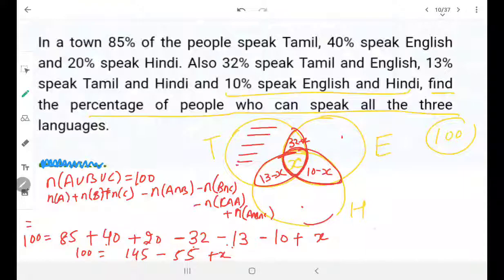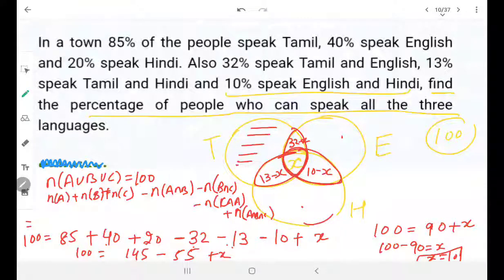So 100 is equivalent to 90 plus x. So 100 minus 90 is equivalent to x, so x is 10. So 10% of the total population speak all of these three languages.